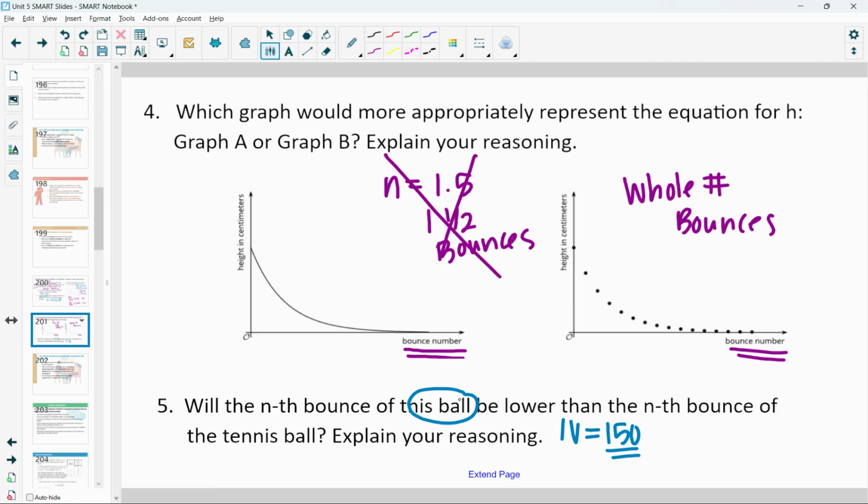So when they first drop, that second bounce on this one is going to be higher. And then it will always retain 70% of its bounce, where the tennis ball is only retaining 53%. So this ball will never be lower than the tennis ball after the initial bounce.